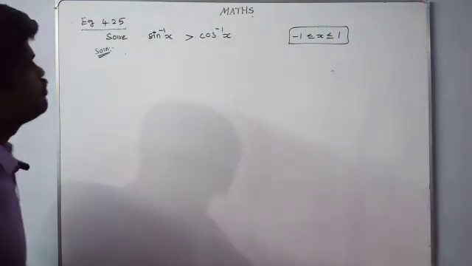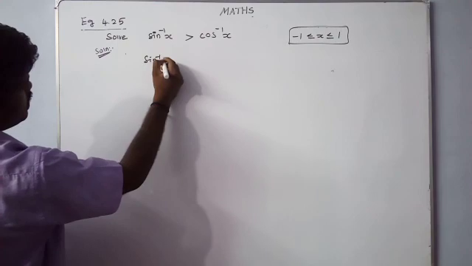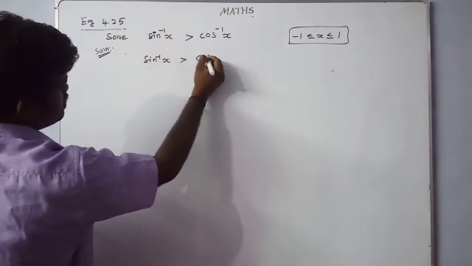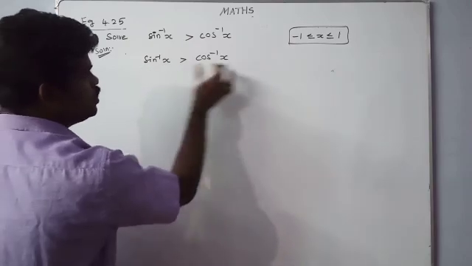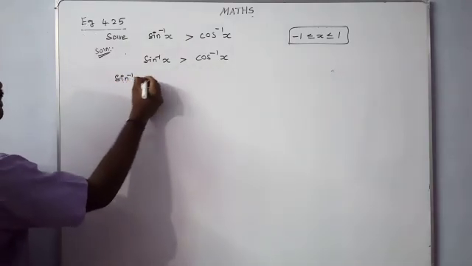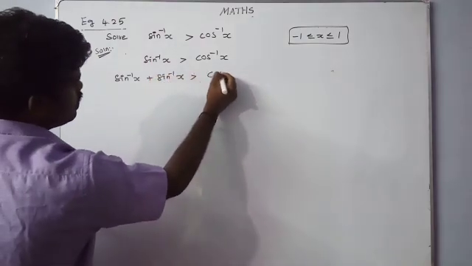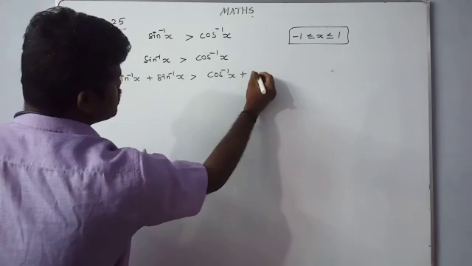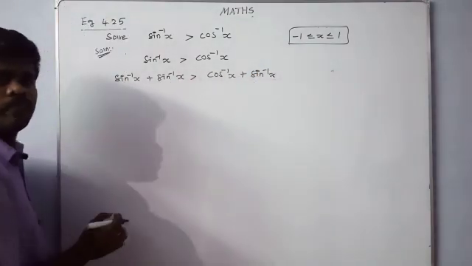Let us take sin inverse x greater than cos inverse x, and add sin inverse x to both sides, because sin inverse x plus sin inverse x is greater than cos inverse x plus sin inverse x.